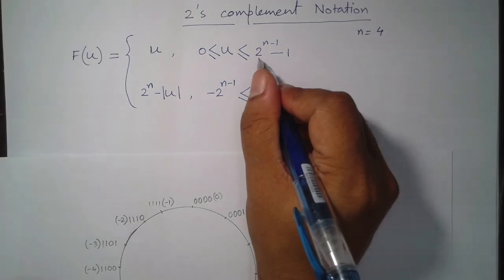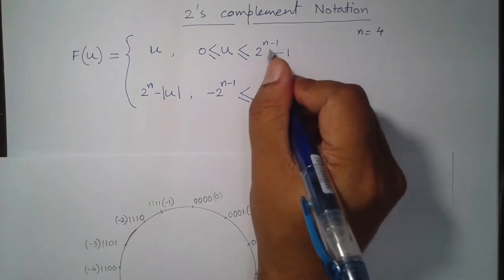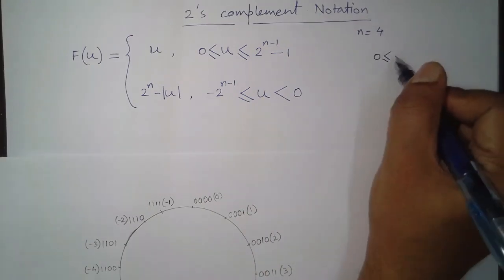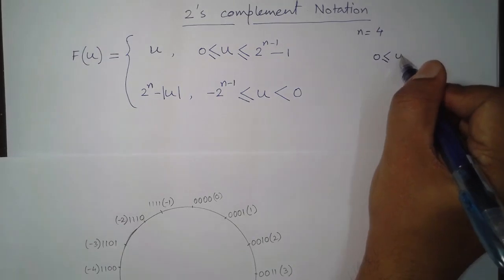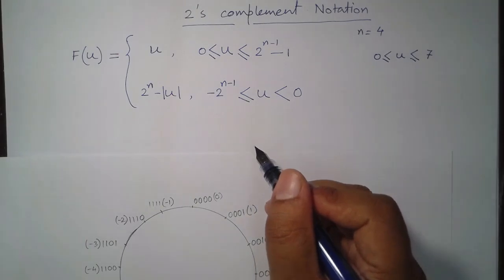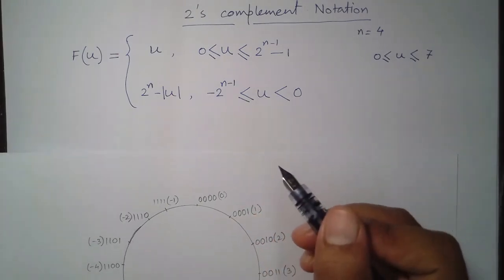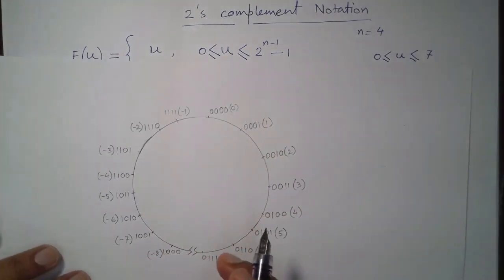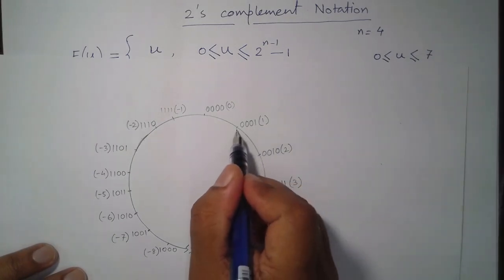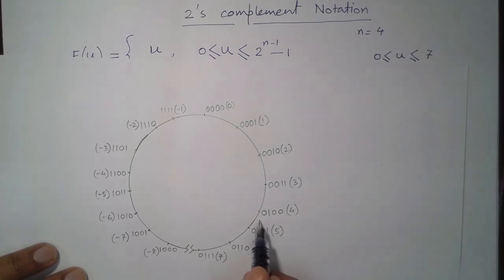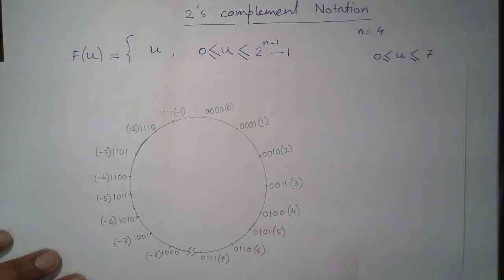So 2 to the power n minus 1, basically 2 to the power 3 minus 1. So if the number is lying between 0 all inclusive and 7, then this number in 2's complement representation will be directly represented by the index u. So if the number is, let's say, 1, then this is the representation of this number. Similarly, if the number is 4, then this is the representation. All right. So there is no problem, I hope.